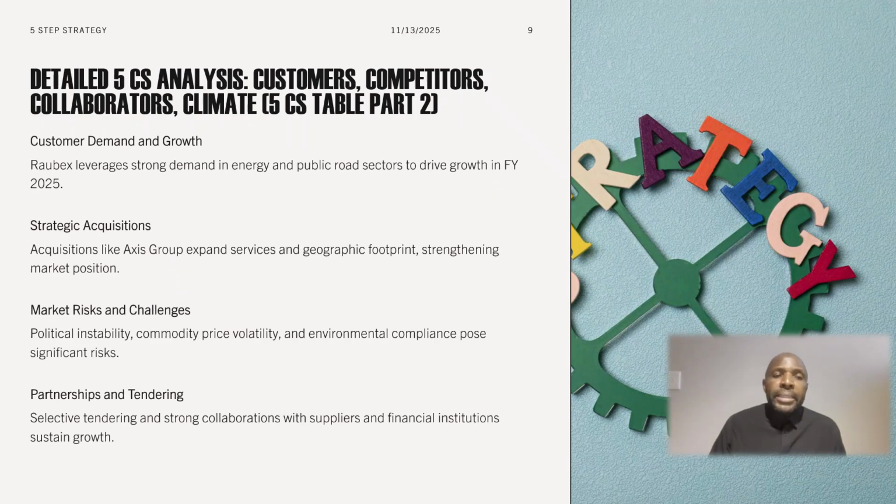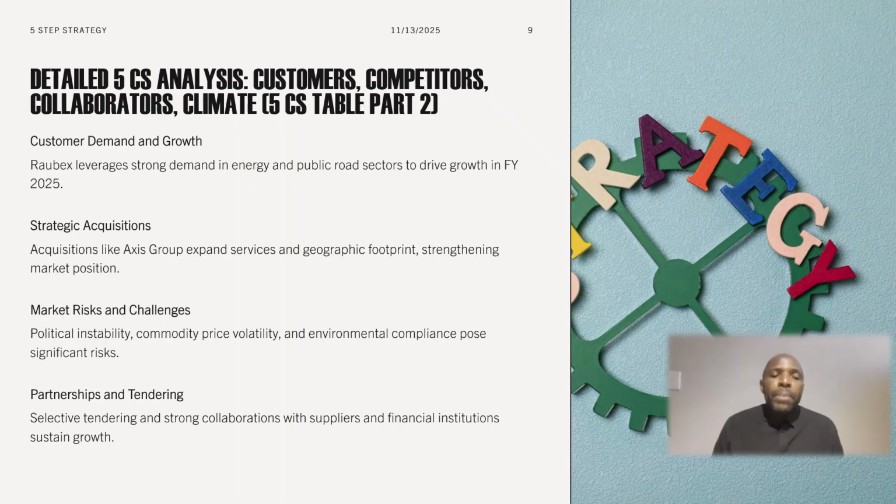The detailed 5C analysis: on customer demand and growth, Raubex leverages strong demand in energy and public road sectors to drive growth in financial year 2025. Then strategic acquisitions, like Axis Group, expand services and geographic footprint, strengthening market position, so that they can enter into new markets as well.